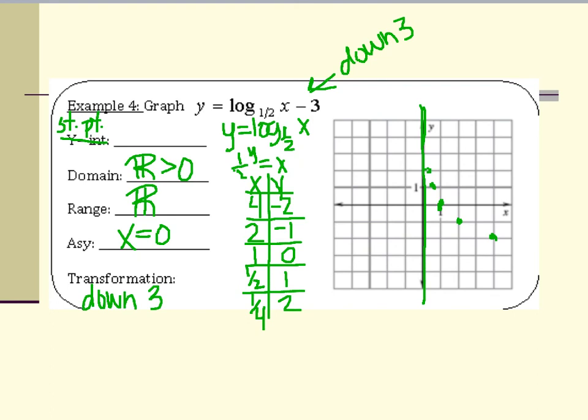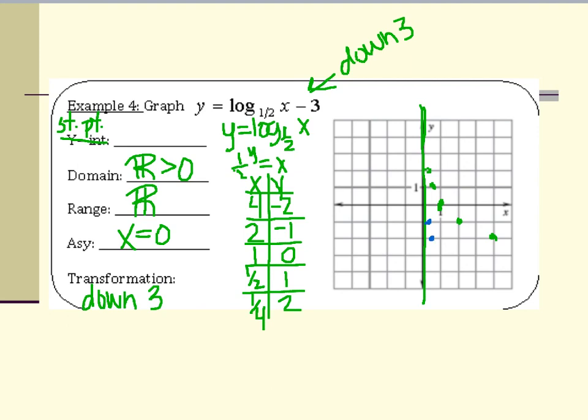Now let's make our movements. All these points, I need to go down 3. So if I start right here and go down 3, 1, 2, 3 would be right about here. And this one, if I go down 3, 1, 2, 3, would be right about here.